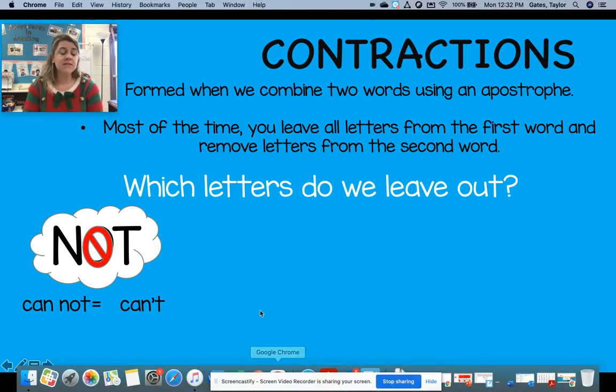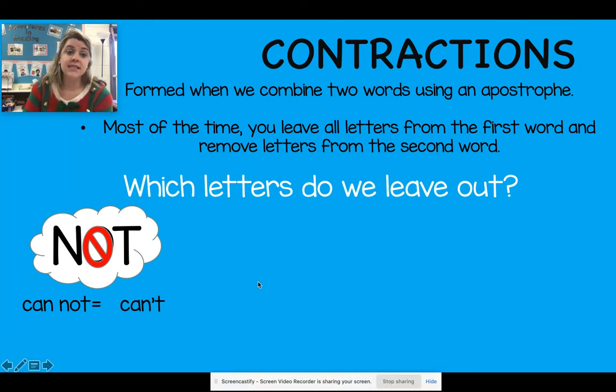I shouldn't have used this one first, but I did because this is one of the most common words you're going to see. Can not. When I put those two words together, we make the contraction can't. In this word and this word only, we take out the N as well.